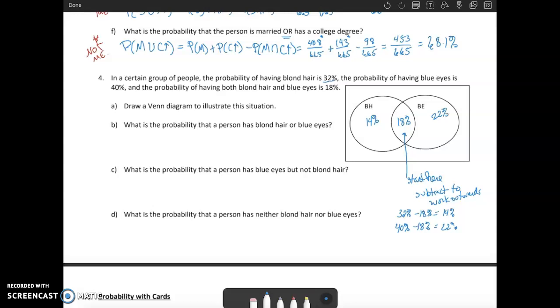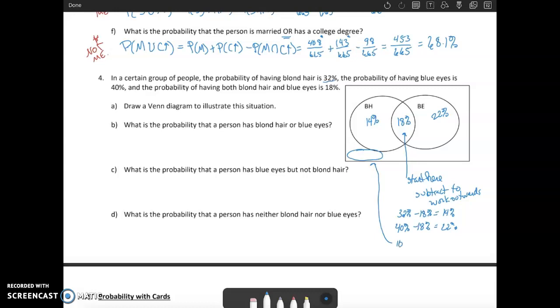And then what's also important is to realize that there are more people to be counted here, because right now we have 14, 18, and 22%, but that doesn't add up to 100. So there are some people who fall out here who aren't inside any of those circles.